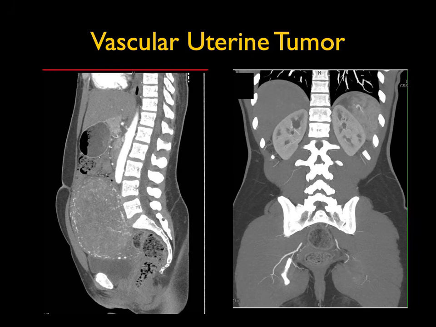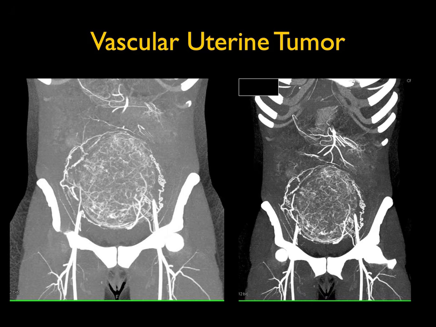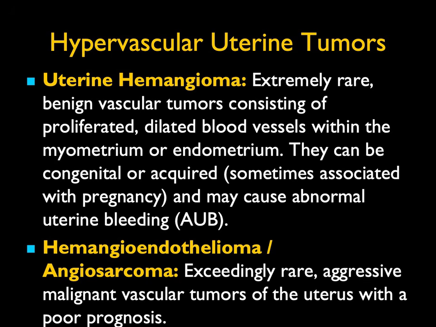Leiomyomas in general are vascular, can be homogeneous, can be irregular. When they're really markedly hypervascular, you really have to be thinking about the possibility of sarcoma. And again, in the postpartum patient, very vascular uterus, you also would think about gestational trophoblastic disease.